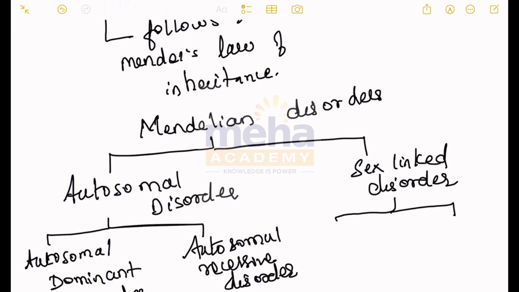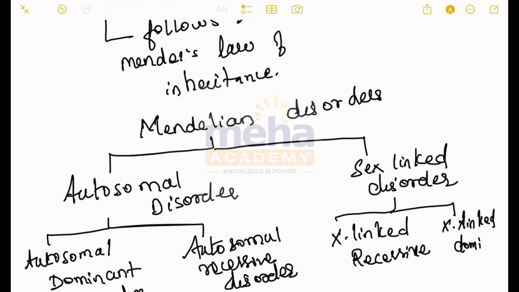It can be X-linked recessive or X-linked dominant also, but we only talk about X-linked recessive. So the three patterns we are going to see under Mendelian disorders are autosomal dominant, autosomal recessive disorder and X-linked recessive disorder.